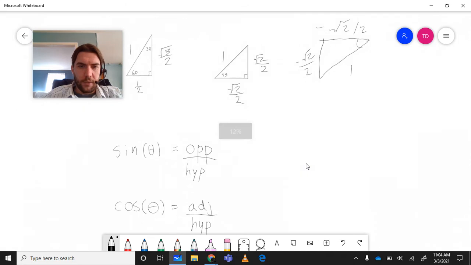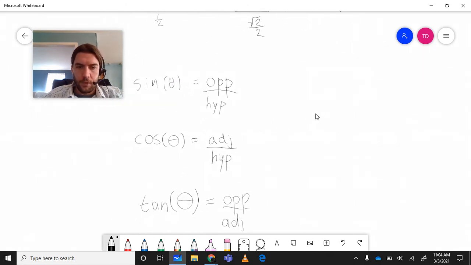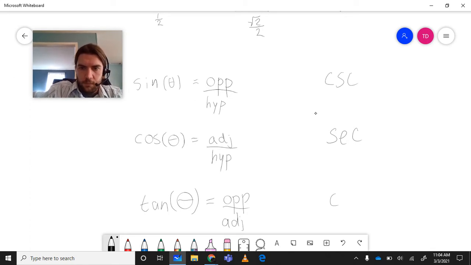So we have sine, cosine, tangent, secant, cosecant, and cotangent. The way that I remember these three, it's not a super great simple way, but I remember that tangent and cotangent go together.